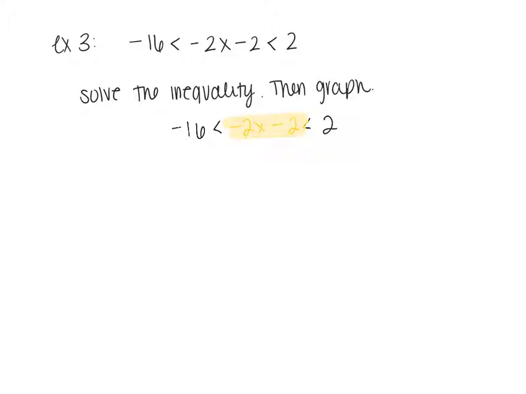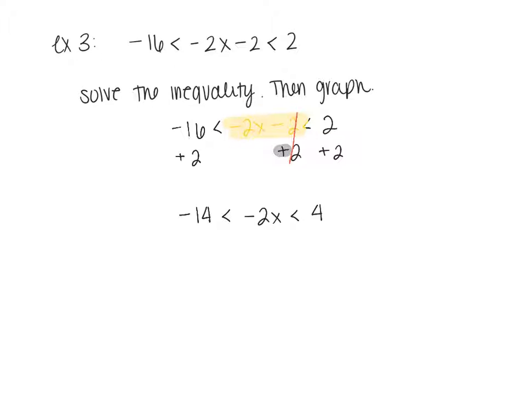Well, first thing I have to do is get rid of the minus 2. So I'm going to add 2 to both sides. But I have a compound inequality, so I have 3 parts. So I'm going to end up adding 2 to all 3 parts. Those 2's will cancel. Over here I'll have negative 14. Carry down that middle part. And then 2 plus 2 will give me 4.